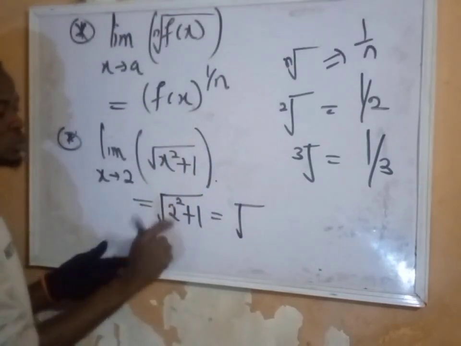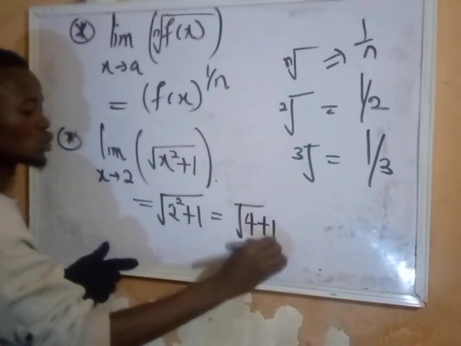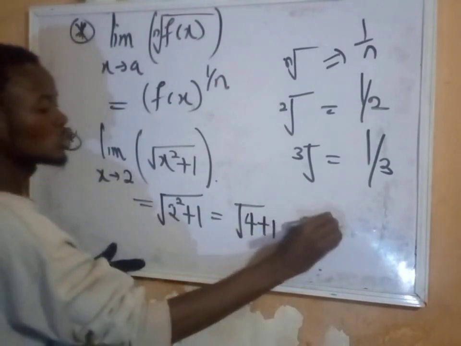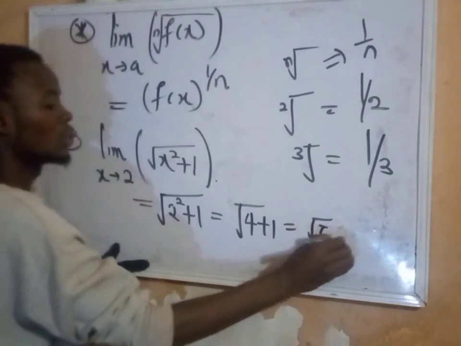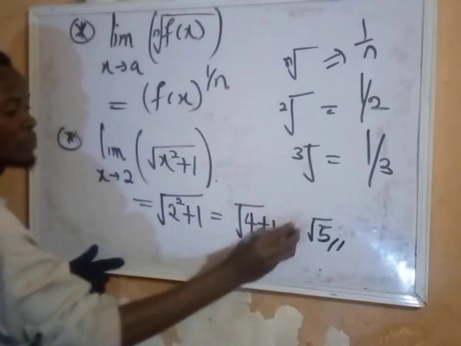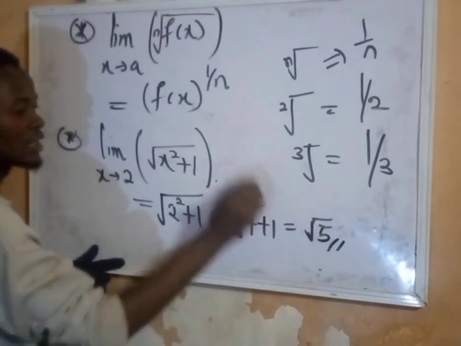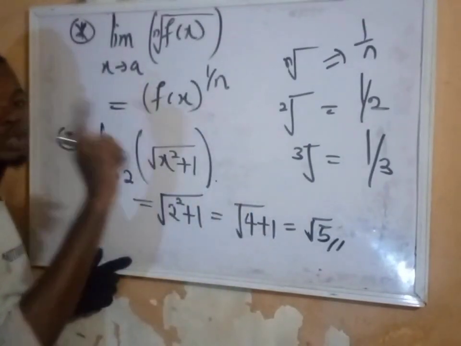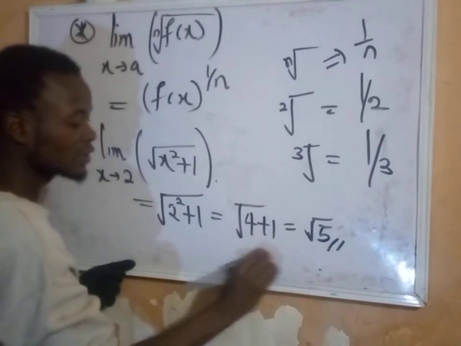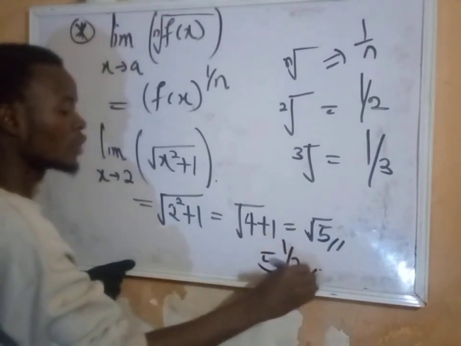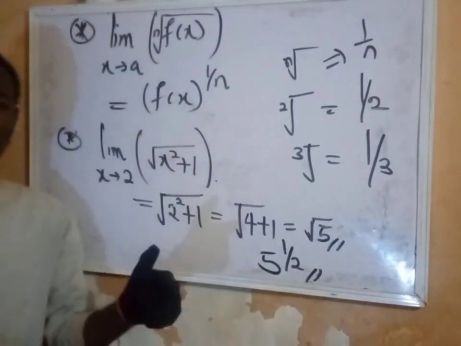What is 2 squared? 4. 4 plus 1 equals root of 5. That is the answer. You can leave it as root of 5, but whenever you have a root like this, what is at the back of the root is 2, so we call this one the square root. Then we can still write it as 5 raised to the power of 1 over 2. That's why I said if you wish.